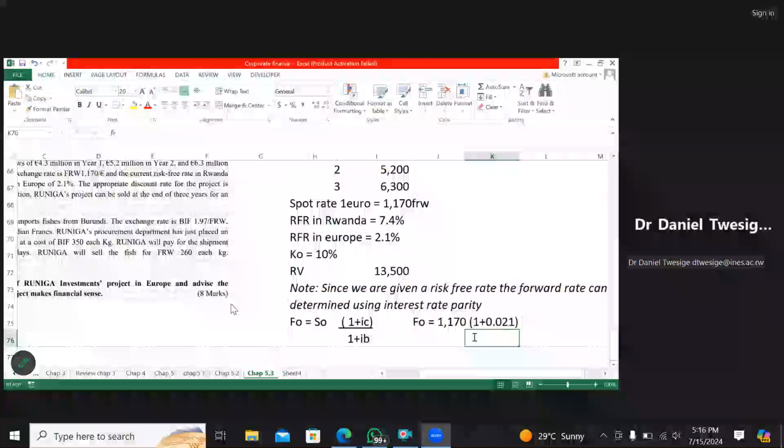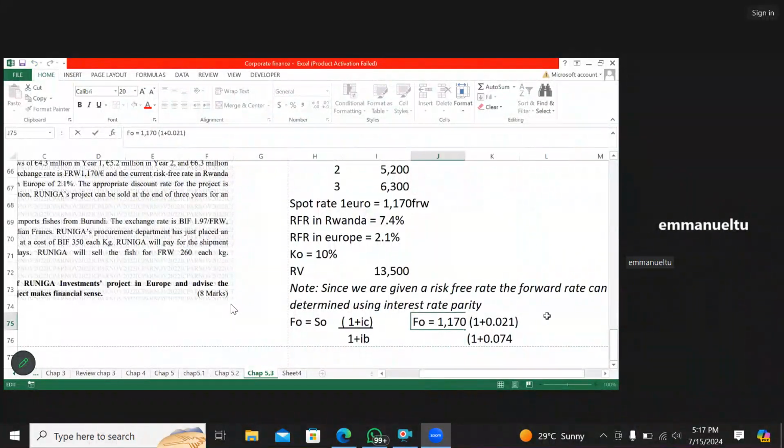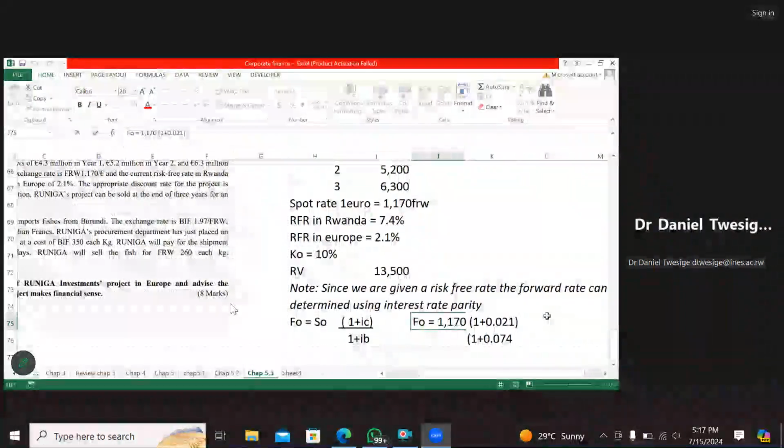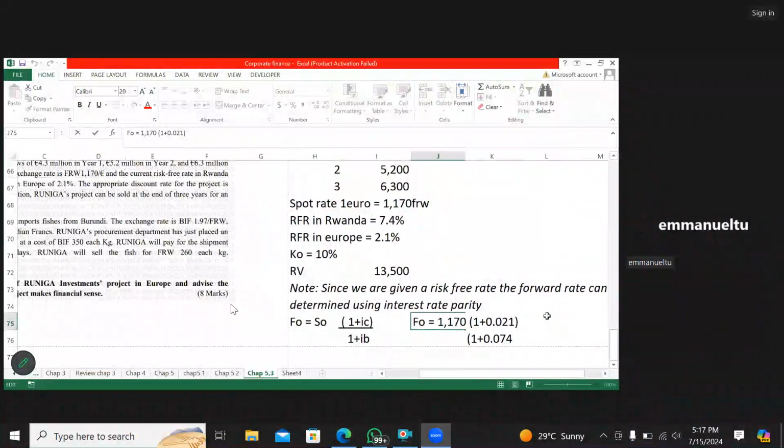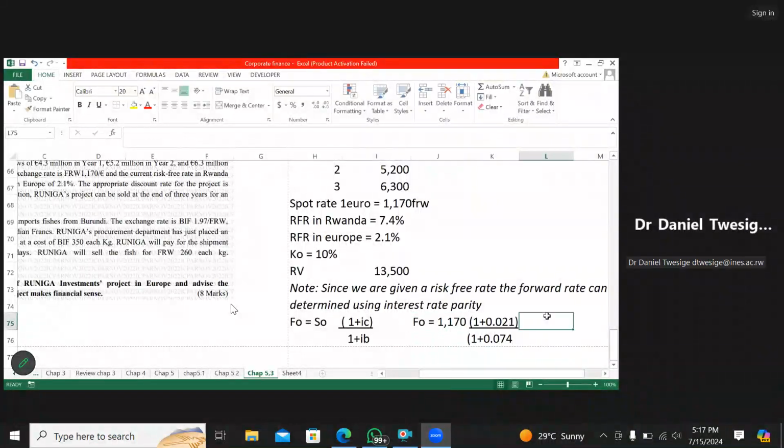Yes? Why not 7 to be the home country, and the other to be the foreign country?